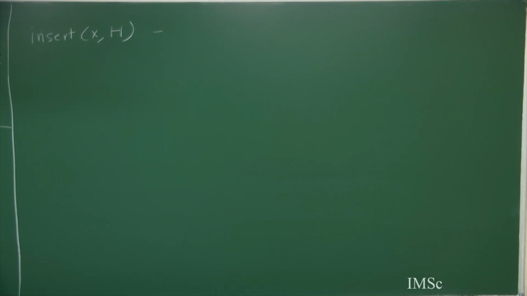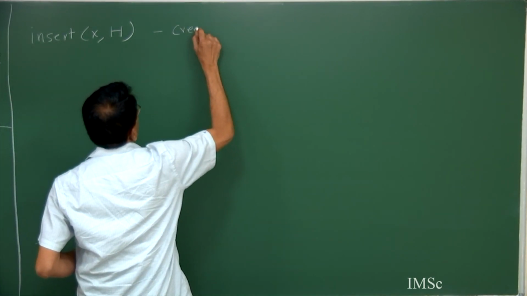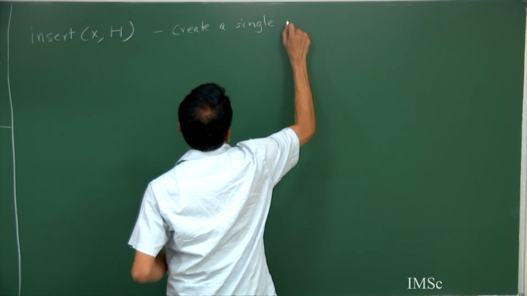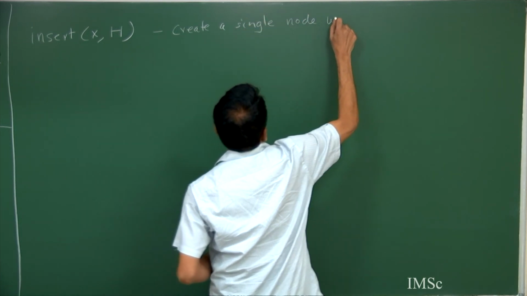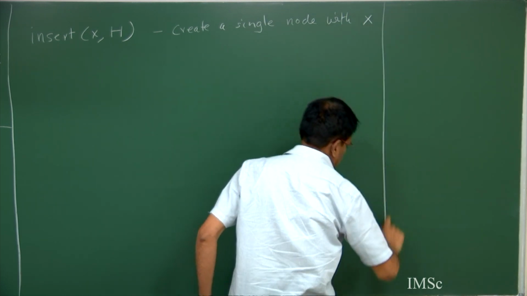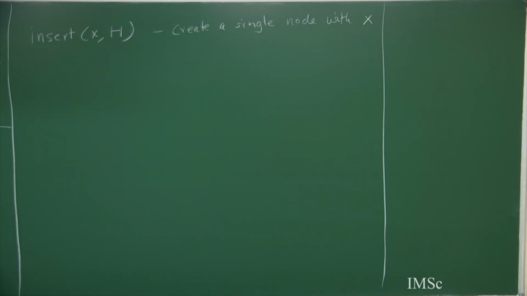Now I'm not going to do any more merges. I'm just going to create a B0 and stop there. So create a single node with x. Some later operation will do some cleanup.